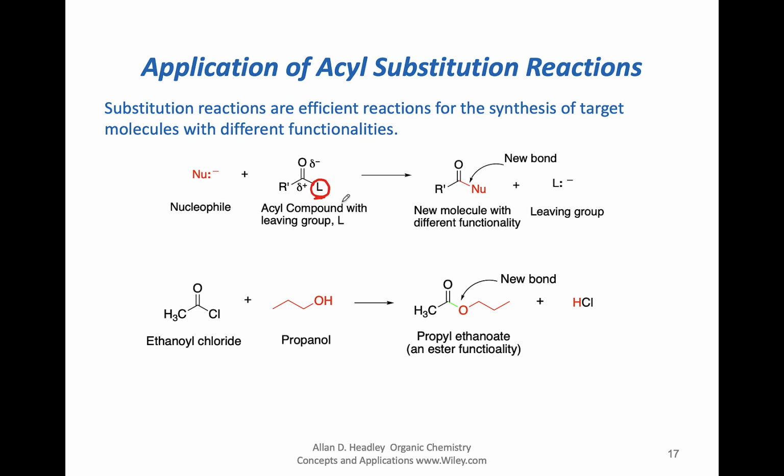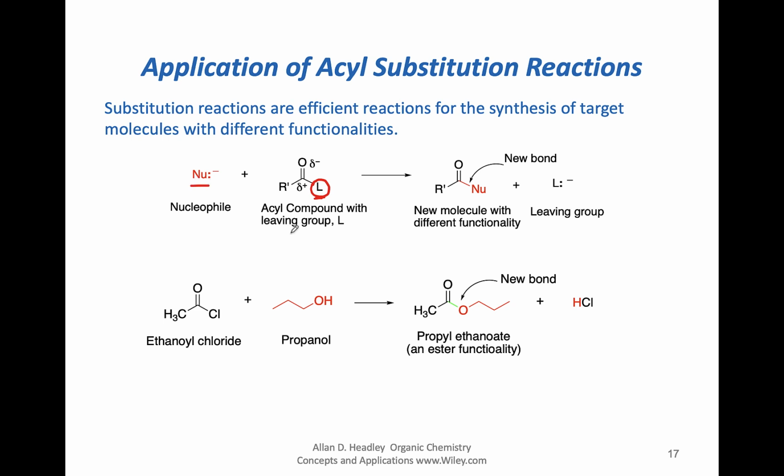If it's not a good leaving group, such as the alcohol or the acid or the amide, you'll have to make sure that you add a catalyst, such as H+, acid catalyzed, to convert it to a better leaving group. So let's look at the potential reaction here.